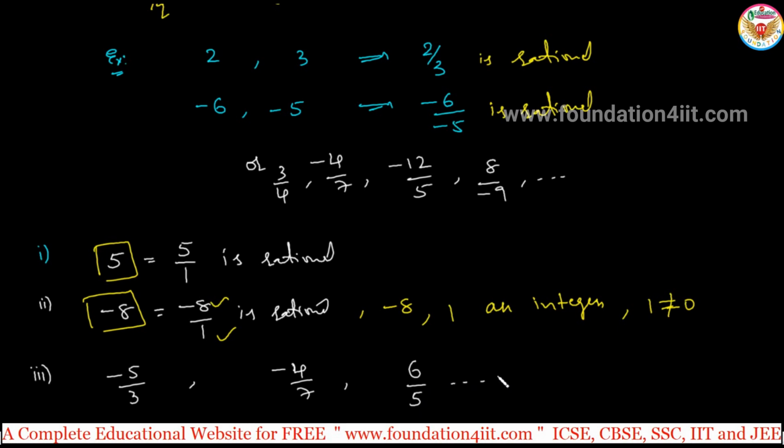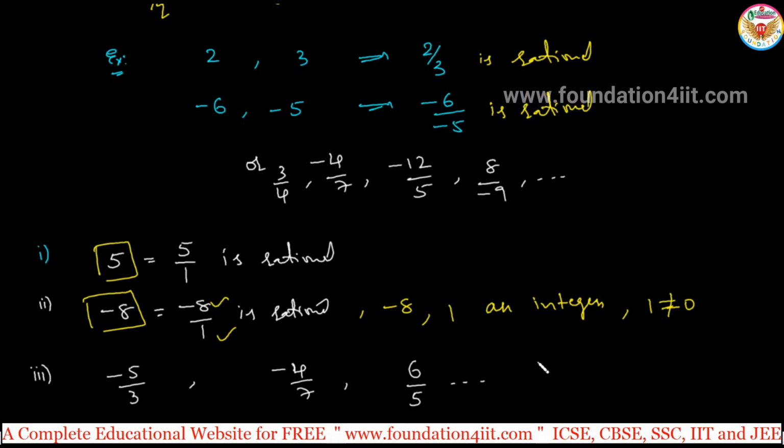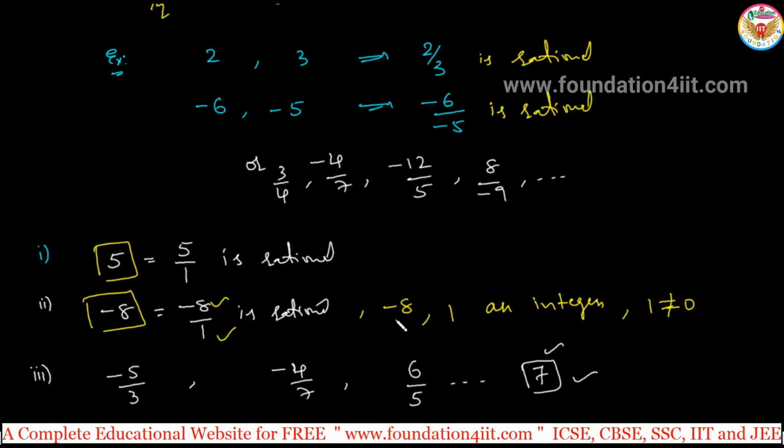These are all rational numbers, but they are not integers. So we can conclude one thing: every integer is a rational number, and every rational number need not be an integer. Because for example, 7 is an integer as well as a rational number. That means every integer is a rational number, right?